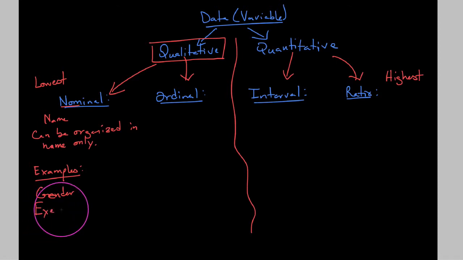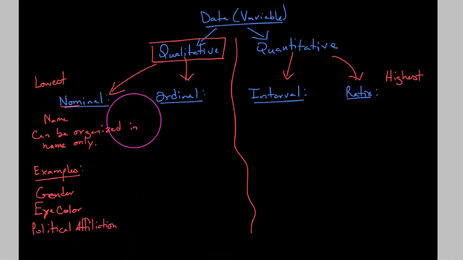We can measure eye color, which is definitely a qualitative type of data, but eye color here would be nominal because I can only organize it by their names, like brown, green, blue, but there's no necessary order to this here. We could say political affiliation. All of these would be considered nominal level of measurement.